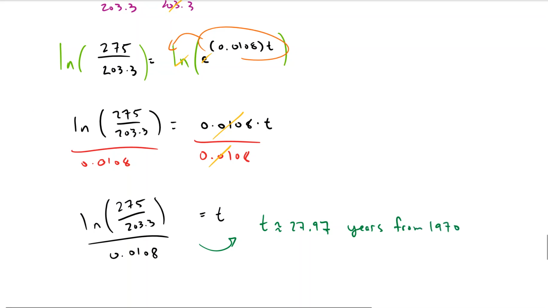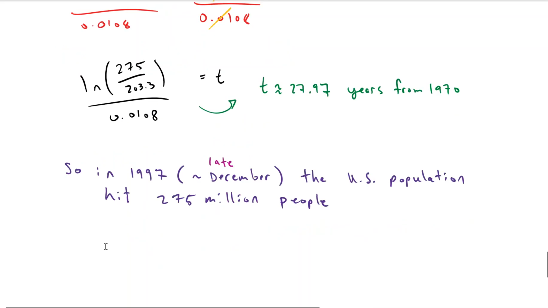So what is 27.97 years from 1970? What does that give us? Somewhere in late 1997. So somewhere in late December, the U.S. population will hit 275 million.